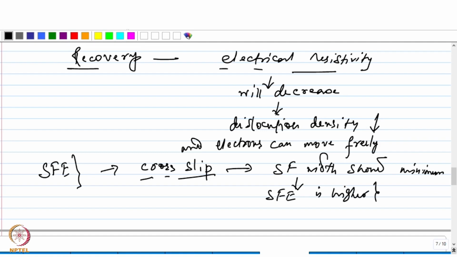Okay, lower the stacking fault width, higher will be the stacking fault energy.